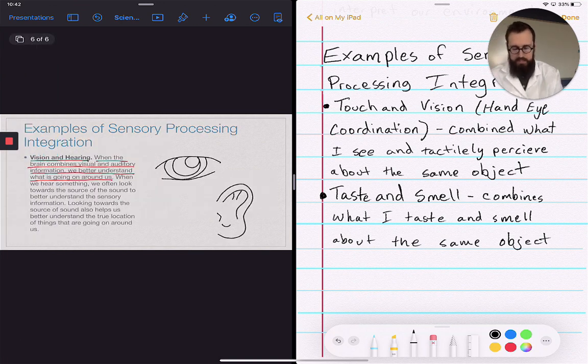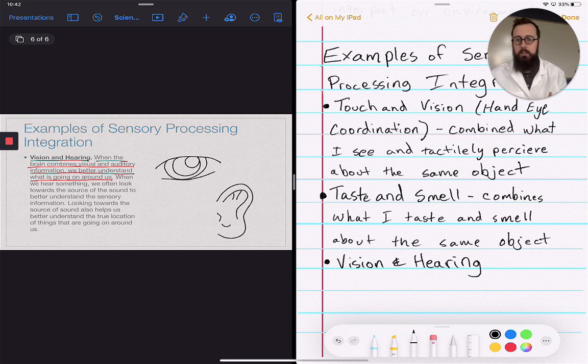The example is vision and hearing. When the brain combines visual and auditory information, we better understand what's going on around us. When we hear something, we often look towards the source of the sound to better understand the sensory information.